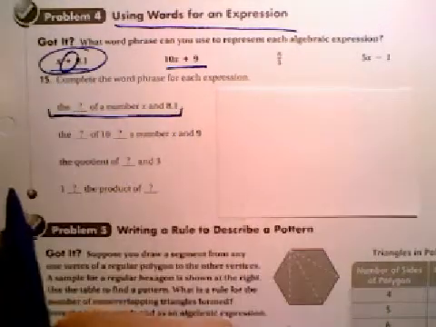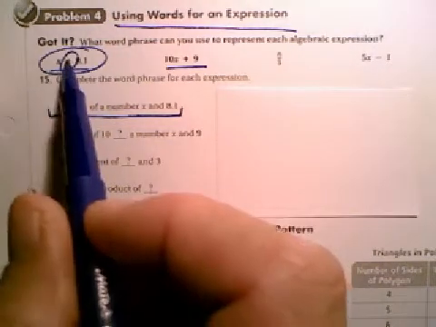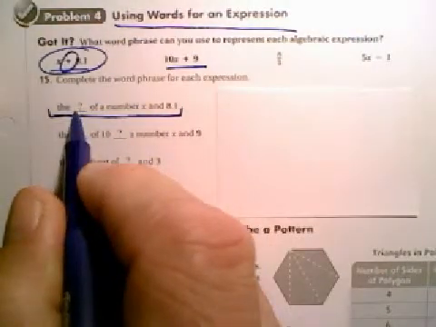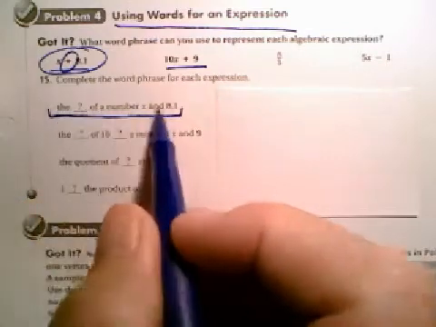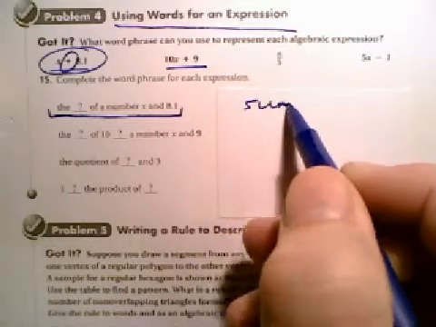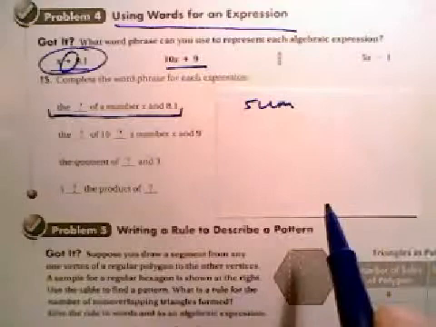So using those same words that describe the operations, we have a plus sign here, and the word that represents adding that would fit in the blank. You wouldn't say the adding of a number x and 8.1, you'd say the sum of a number x and 8.1. I think I might have just said 81, I'm not sure.